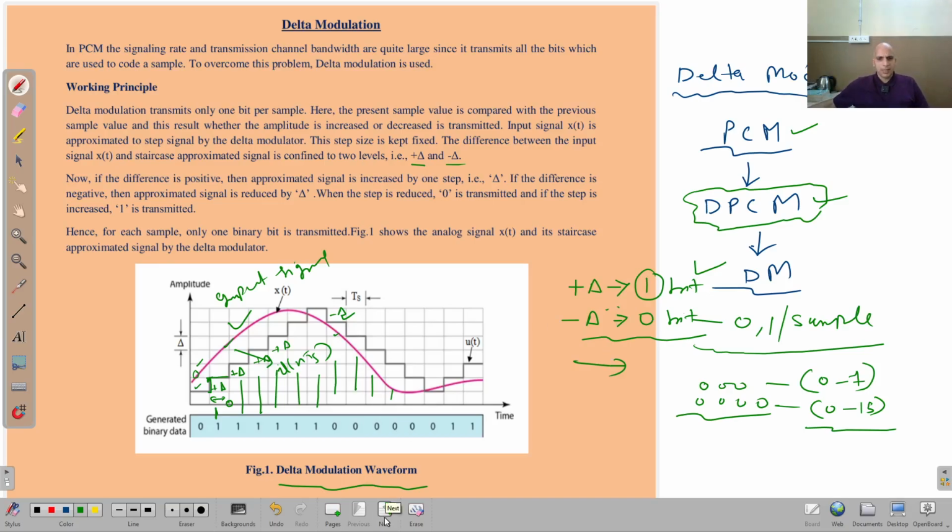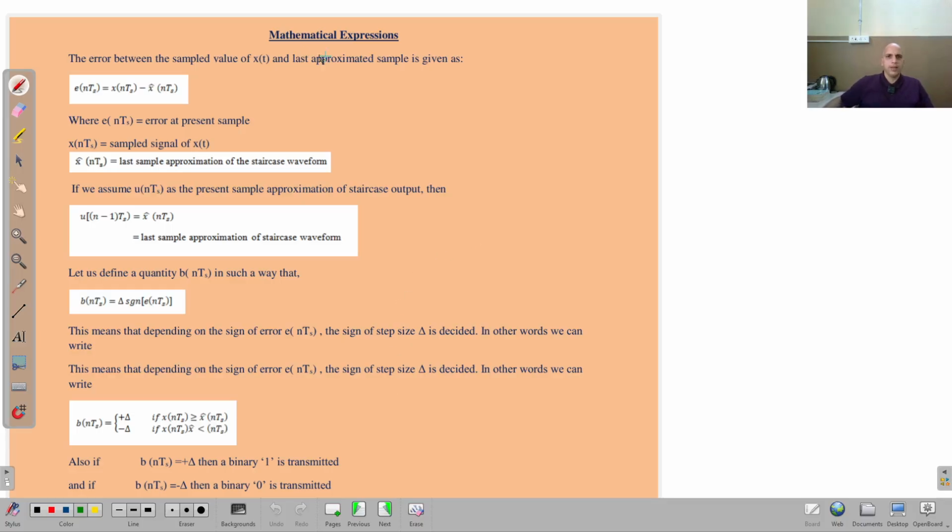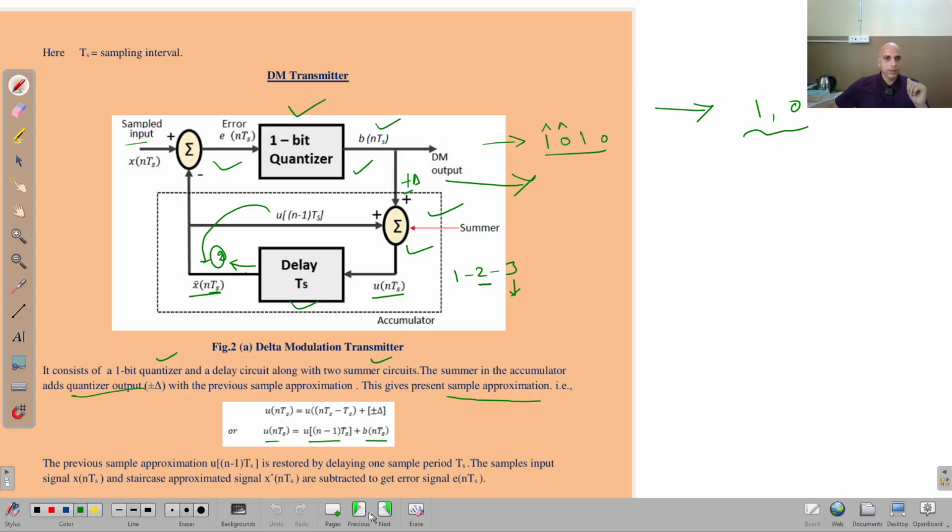You can see the mathematical part also. This is the mathematical part here. It is written here that e(nTs) is equal to x(nTs) minus x bar(nTs). So it is obvious that e(nTs) is the error signal, that is the difference of this one and this one.